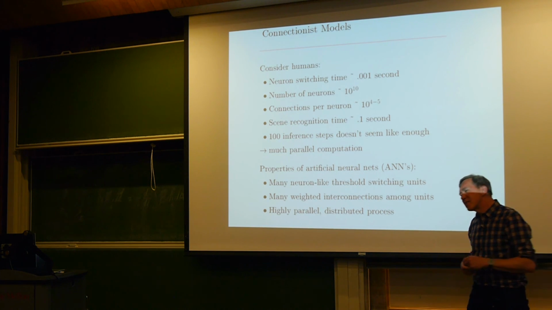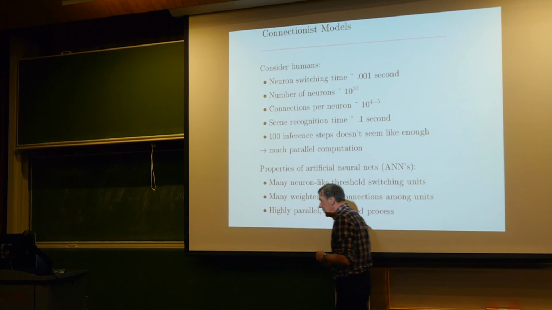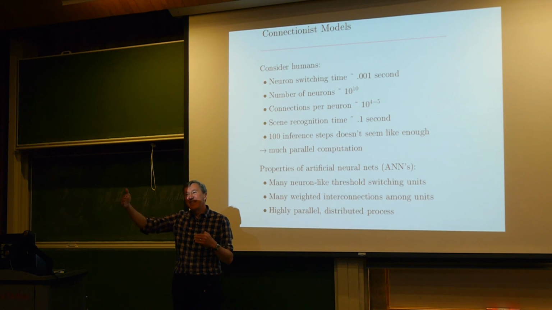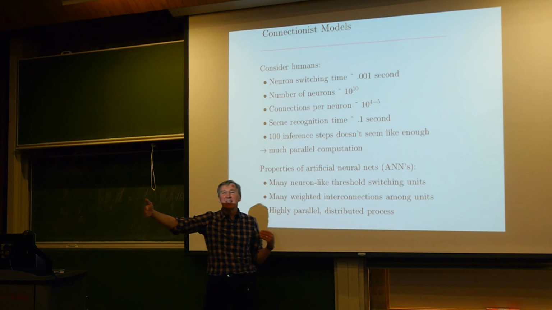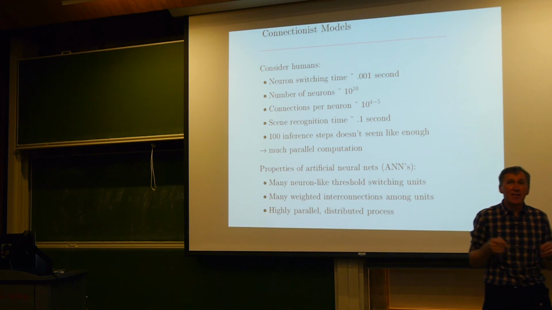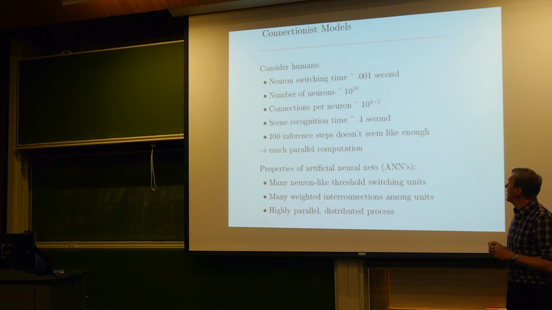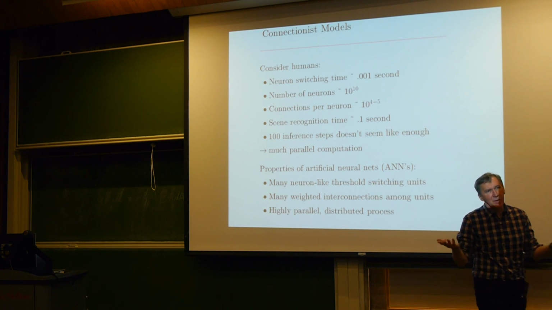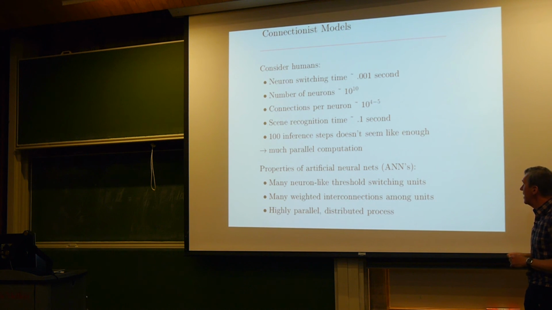So it must be that the brain is doing something that's not very deep. It's 100 steps, which is very small compared to the 10 to the 10th neurons that you have. And so there must be a lot of parallel computation going on. And in fact, we know there is from various neurological studies.